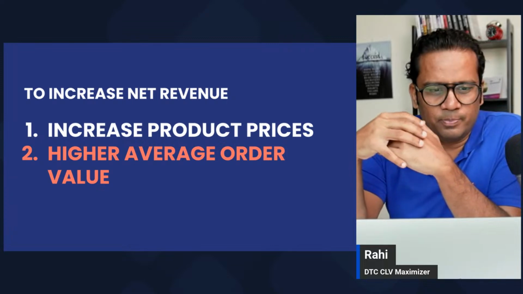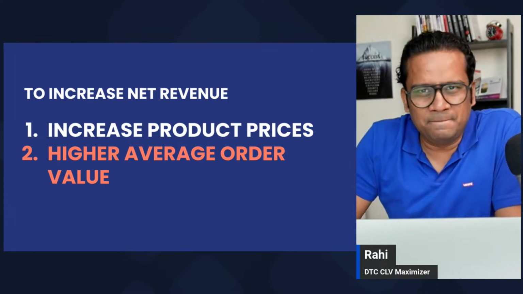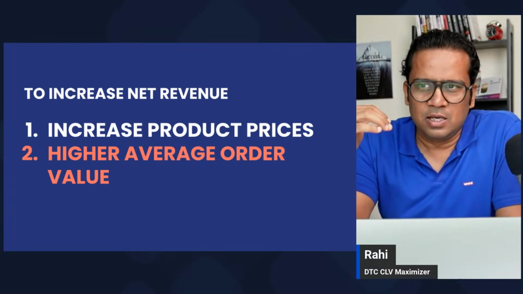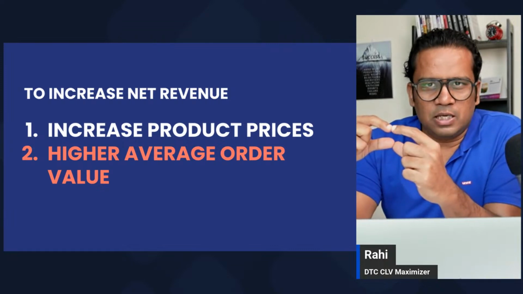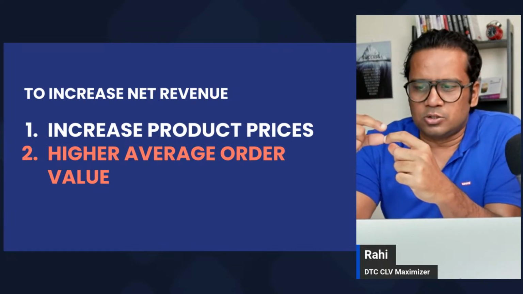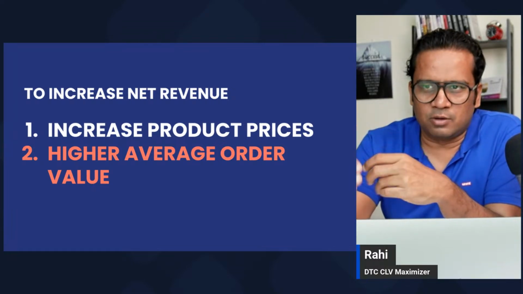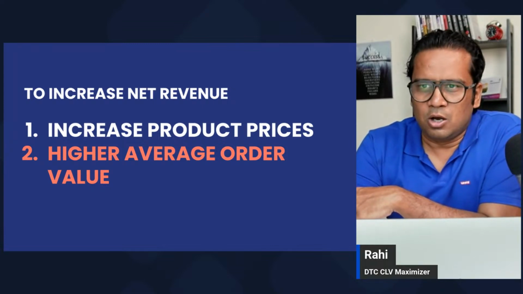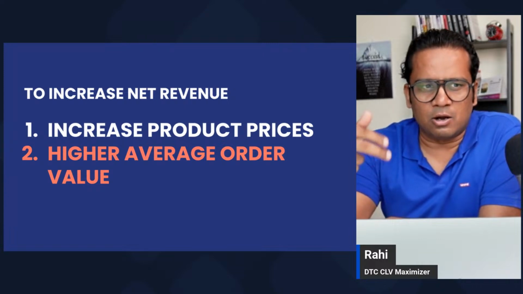One is product prices. Product prices is AOV, which is also broken into two: how you increase your average order value. Average order value means you either increase the amount per order, like instead of a $100 item, you sell a $120 item, or you increase the units per order.